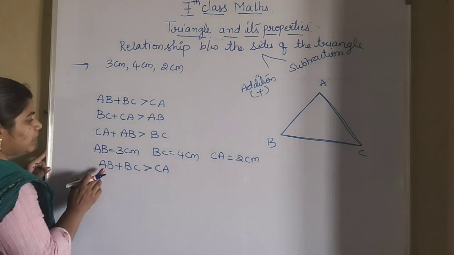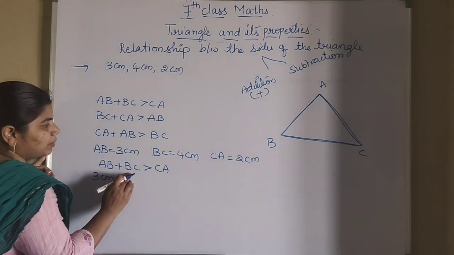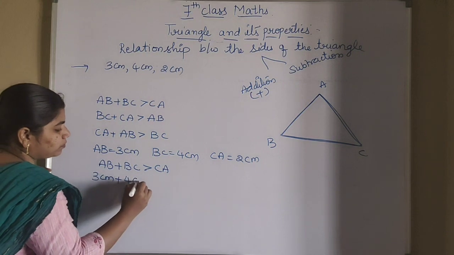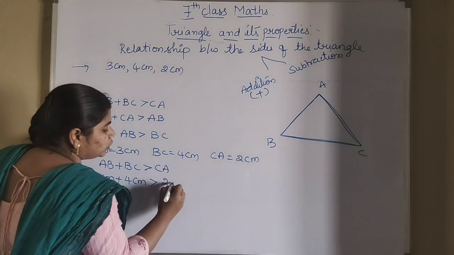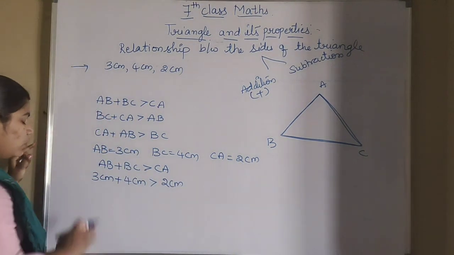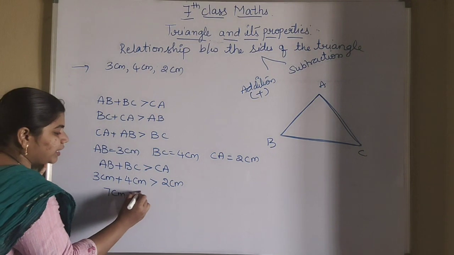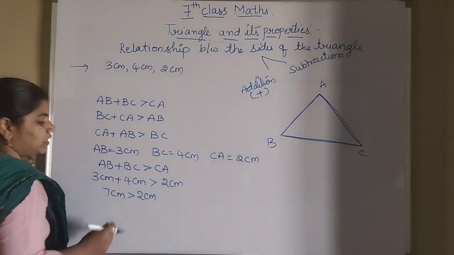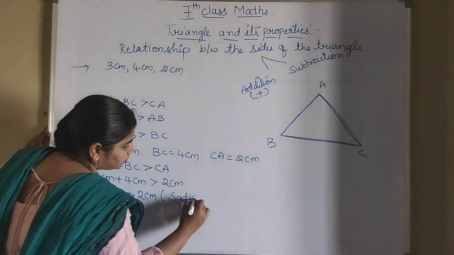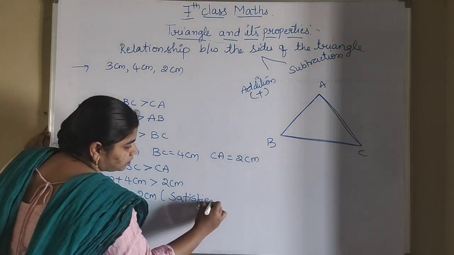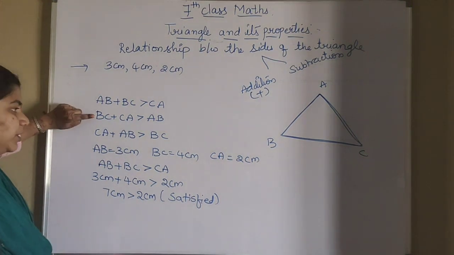What is the AB value here? 3 plus, what is the BC value? 4 should be greater than CA. CA is 2 centimeters. Now 3 plus 4 is 7 centimeters, which is greater than 2 centimeters. 7 is greater than 2. So it is satisfied. Now what is the next condition here?